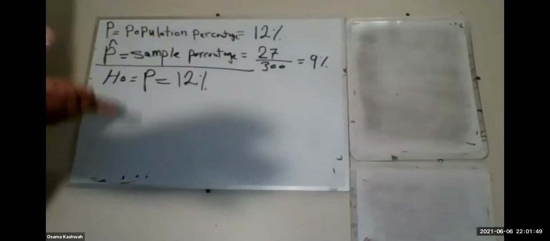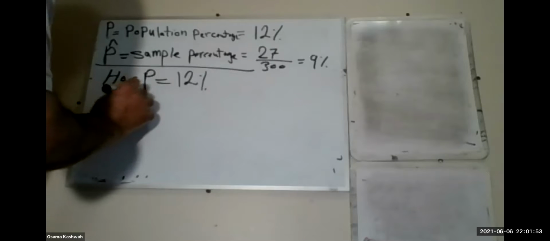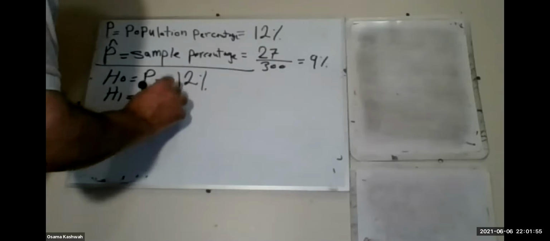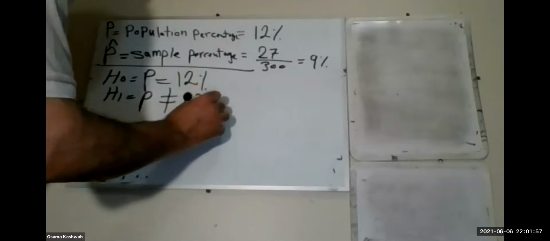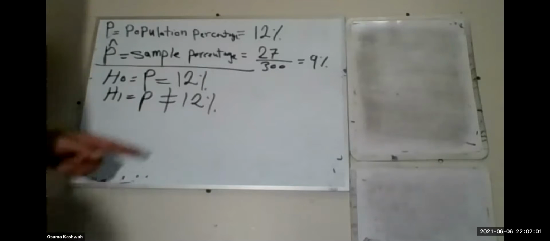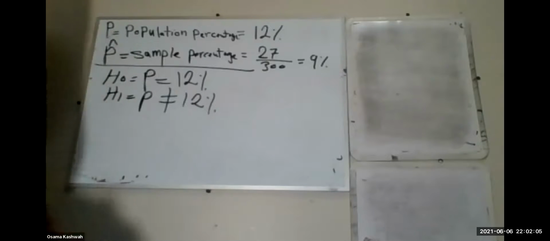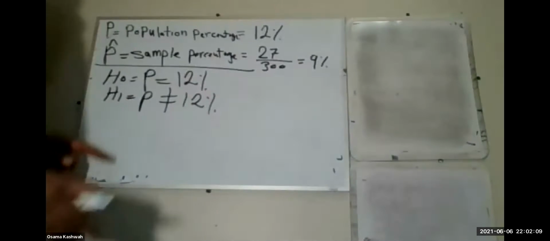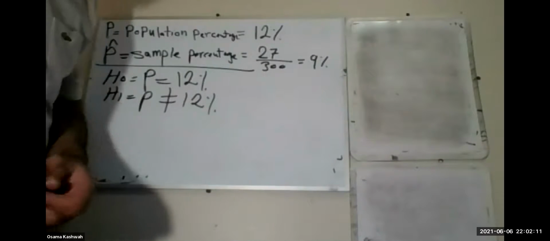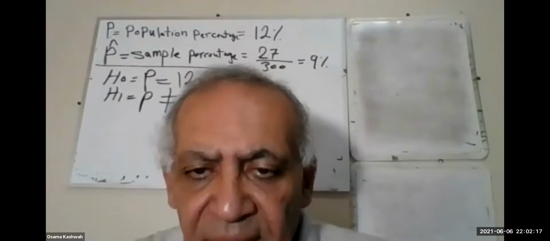He didn't say greater or less. So H alternate, or H1, is that P will not equal 12%, because I'm not sure. I don't have enough evidence, so it means unequal, because it's not greater or less. He's sure or not sure.